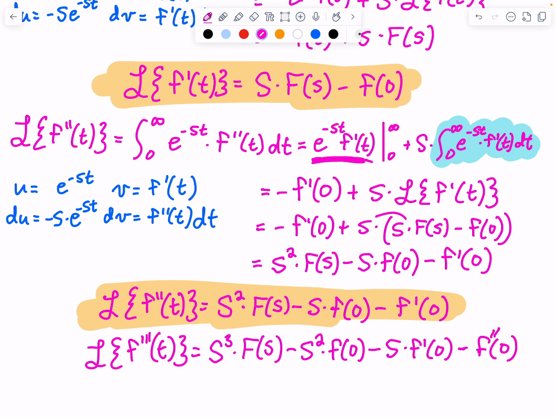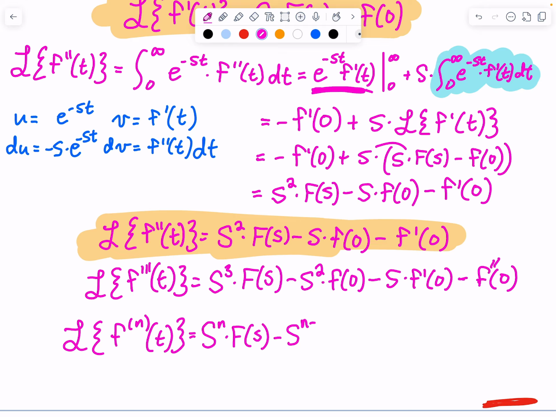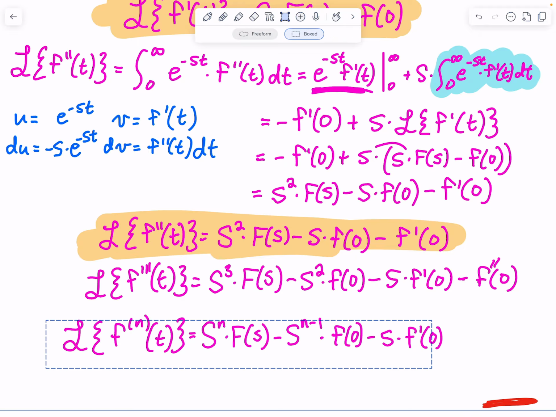So if we had to write this as a formal definition, let's try it. The Laplace of the nth derivative of f of t is going to be s to the nth power times F of s. And then we're going to go down, minus s to the n minus 1 times f of 0. Then we go down again, s to the n minus 2 times f prime of 0. And then we can extend this as far as we need to.